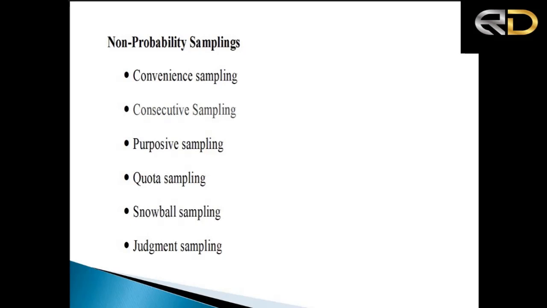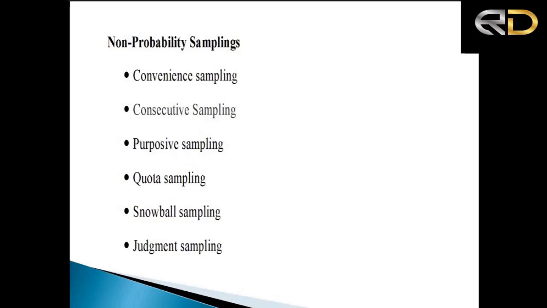And a very good example of snowball sampling is that if we wish to conduct a survey on, say, transgenders, we will go to one transgender and they will tell us where the next will be found. So like a snowball, we are passing on to another one, and we get more and more persons until the required sample is obtained.